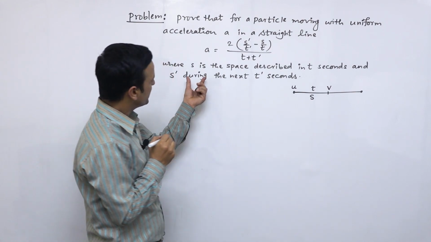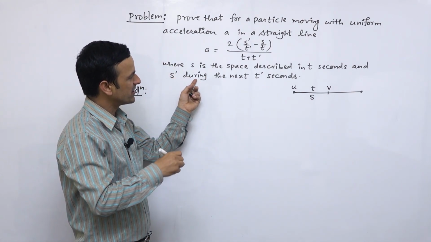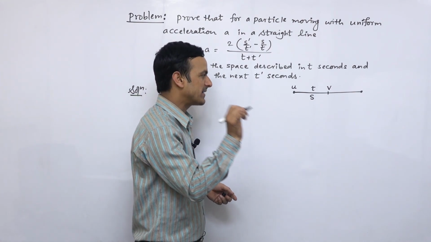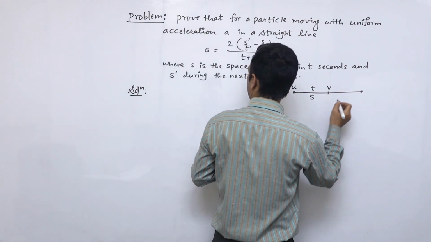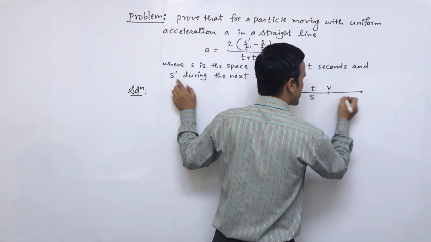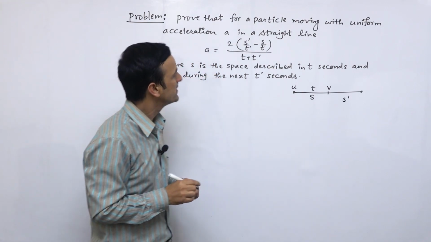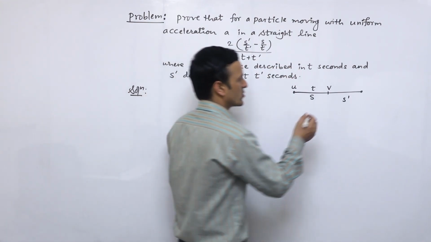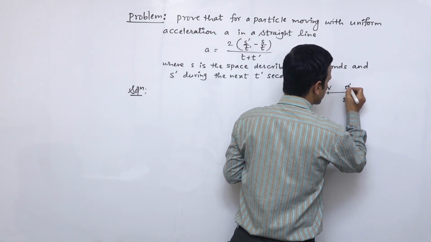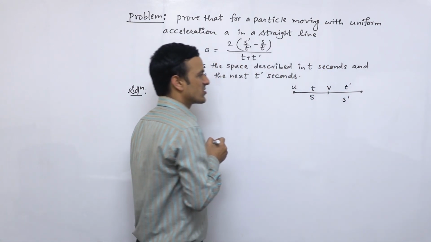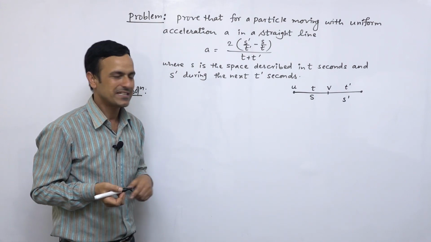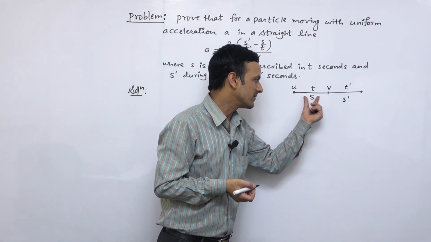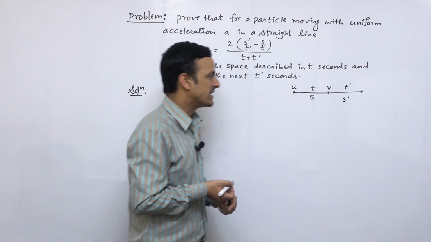It is given that s dash is the next distance covered by that particle in the same straight line. So s dash is the distance covered by the same particle for the next t dash seconds. So the time taken by this particle is t dash. So we have to find the distance covered by that particle in terms of u and t.